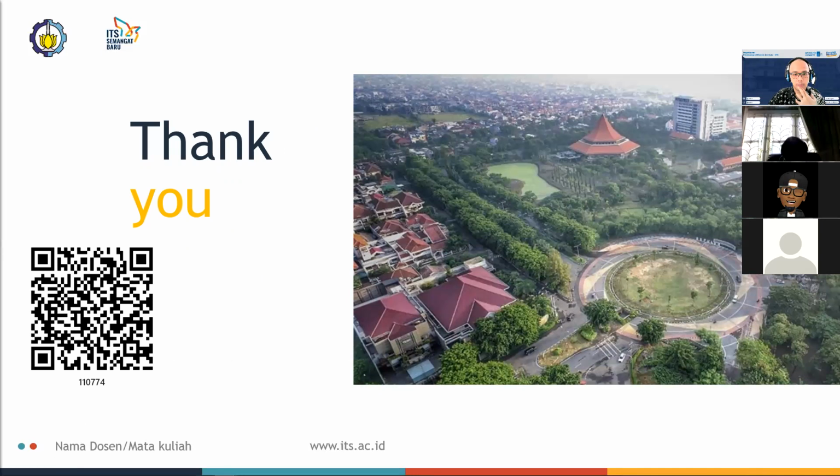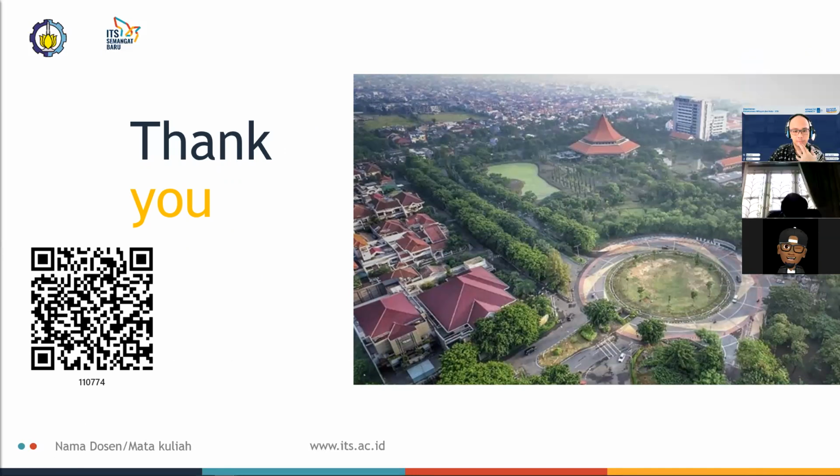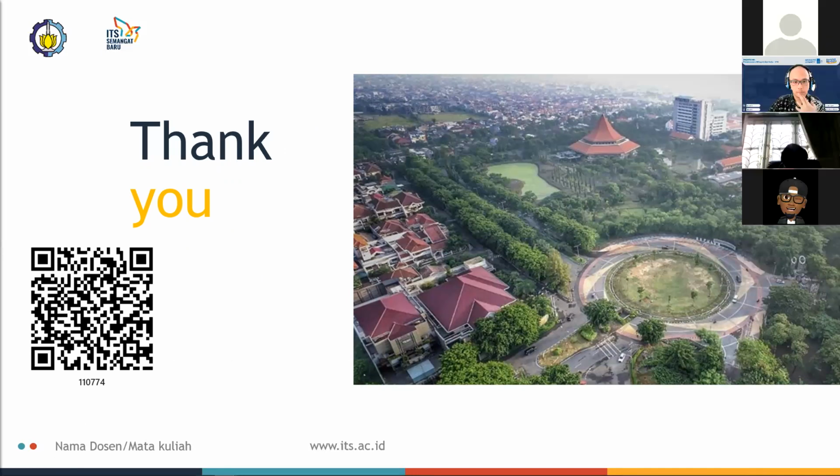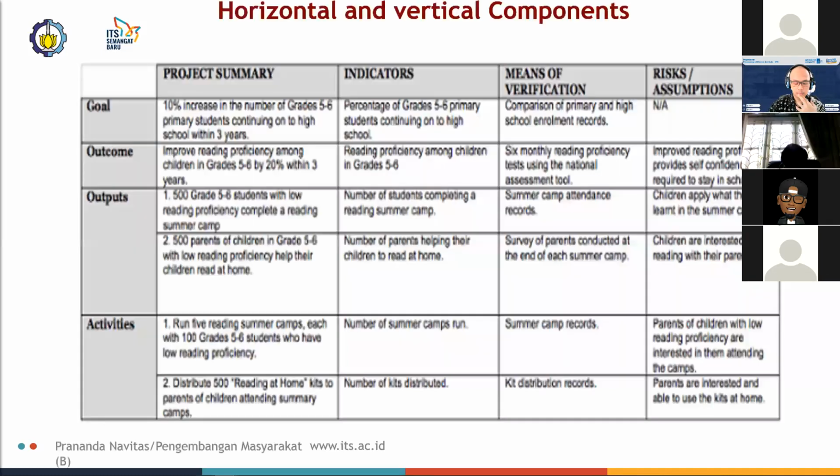Either way. Yes, Amira. Firstly, thank you for the detailed explanation. You explained it thoroughly and provided various examples so I could understand it easily. I think this is interesting to understand about the LFA and RBM, as this is a tool in project cycle management.